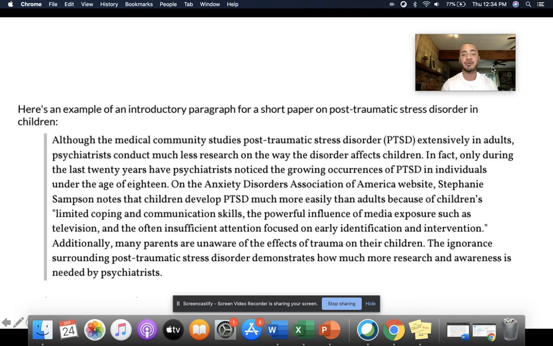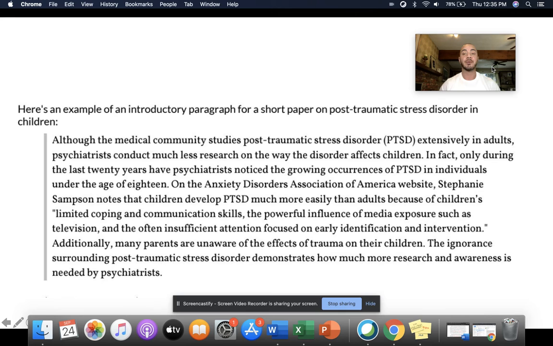On the Anxiety Disorders Association of America website, Stephanie Sampson notes that children develop PTSD much more easily than adults because of children's, quote, limited coping and communication skills, the powerful influence of media exposure, such as television, and the often insufficient attention focused on early identification and intervention. Additionally, many parents are unaware of the effects of trauma on their children. The ignorance surrounding post-traumatic stress disorder demonstrates how much more research and awareness is needed by psychiatrists.